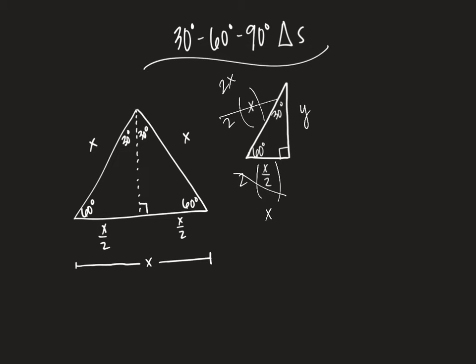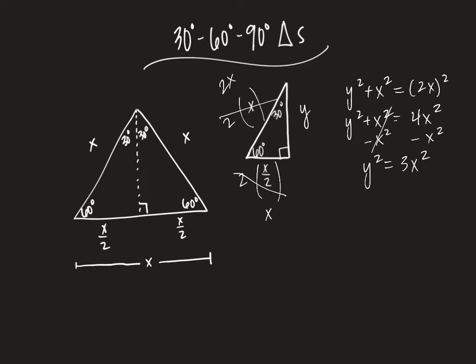So now I'm looking at y squared plus x squared is equal to 2x quantity squared. And now I'm going to solve for y using Pythagorean theorem and some algebra. So the first thing I do is simplify the right-hand side. That gives me 4x squared. I'm going to combine like terms. That gives me that y squared is equal to 3x squared.